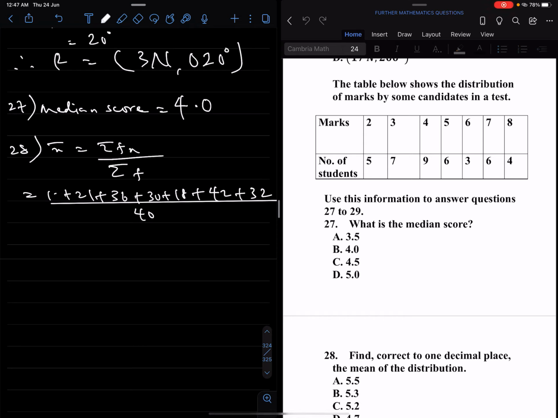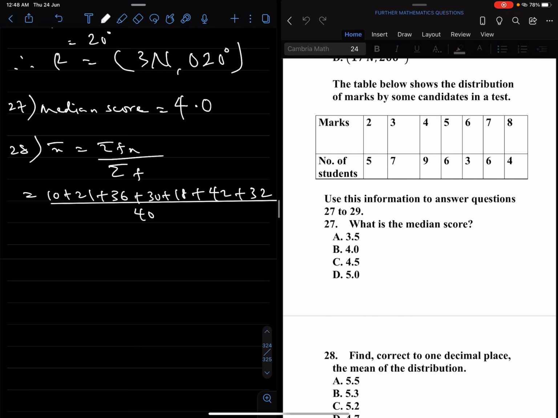I need to check to be sure that that's correct. 2 times 5 is 10, 3 times 7 is 21, plus 4 times 9, 36, plus 5 times 6, 30, plus 6 times 3, 18, plus 7 times 6, 42, plus 8 times 4, 32. Now let's add all of that. 10 plus 21 plus 36 plus 30 plus 18 plus 42 plus 32, and we divide the whole of that.